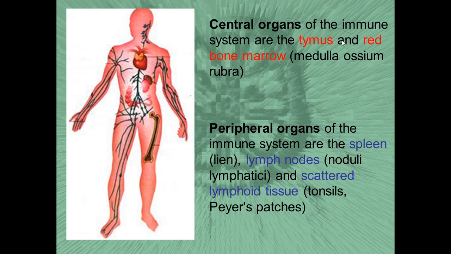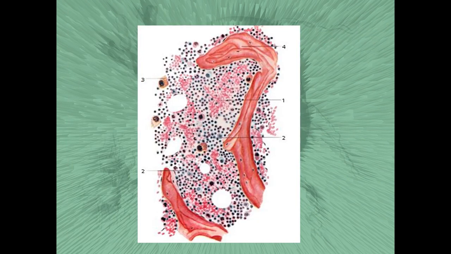Just the thymus and red bone marrow are the places where the development and differentiation of the lymphocytes occur. Red bone marrow is located in the bones, in childhood in absolutely all bones, in adults just in the spongy flat bones and in the epiphysis of the long tubular bones.